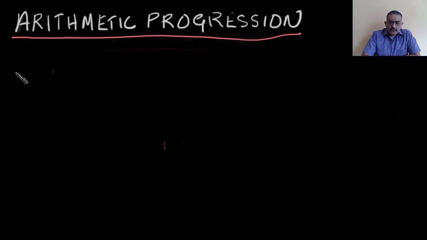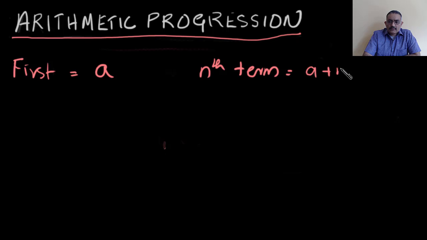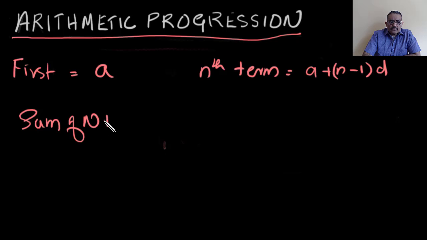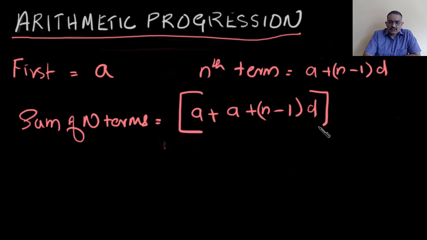In a standard progression, our first term is A, and the nth term is A plus (n minus 1) times D. So the sum of n terms would be, remember our idea, the first and the last term put together: A plus A plus (n minus 1) times D. This is the first portion.